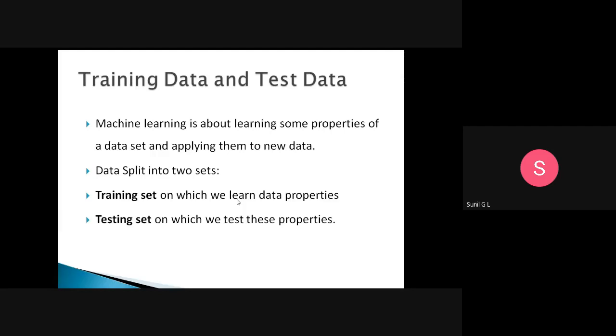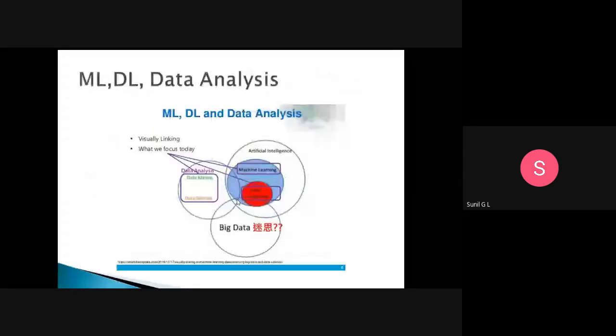If I show an apple, it will tell it is an apple. If I show a Mosumbi, it will not say apple, or it will say orange. It will tell it is not an apple. The system will know whether that image is an apple or not.